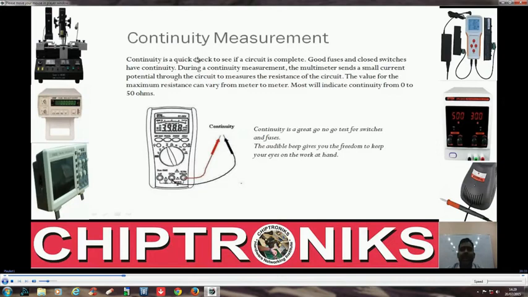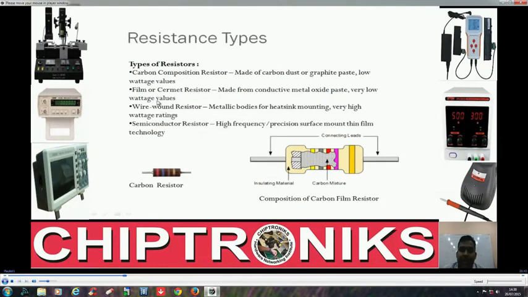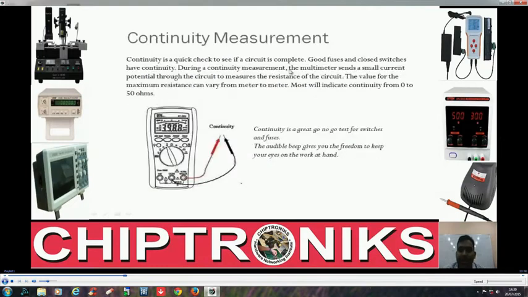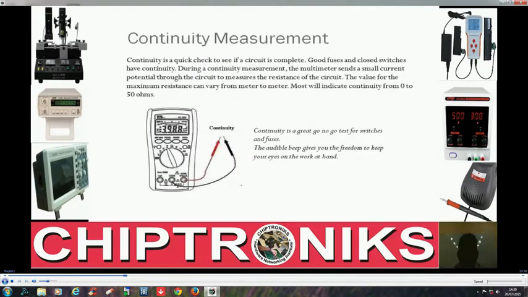What exactly is continuity measurement? Continuity is a quick check to see if a circuit is complete or not.